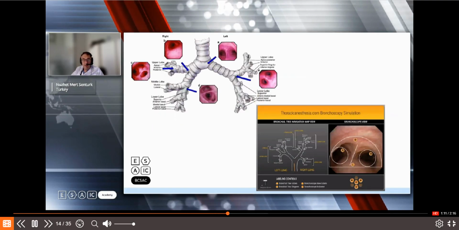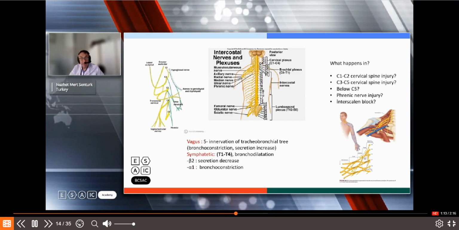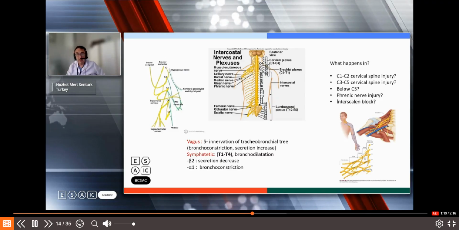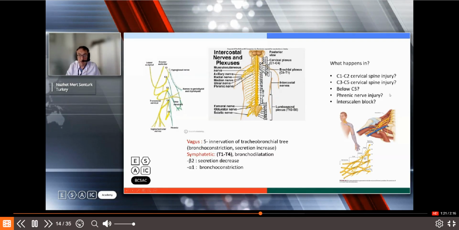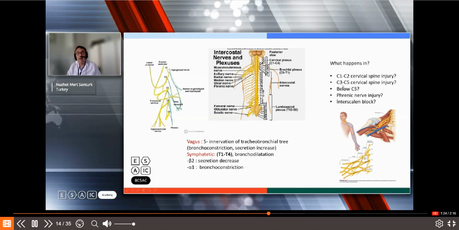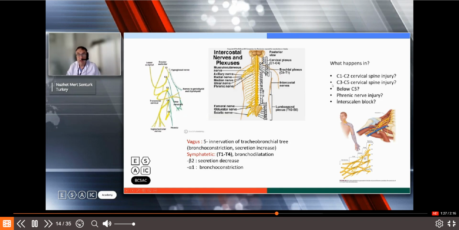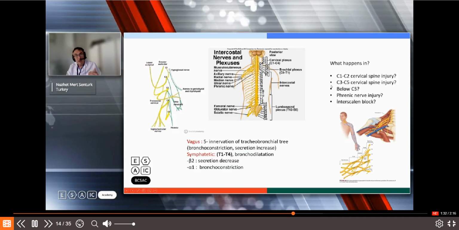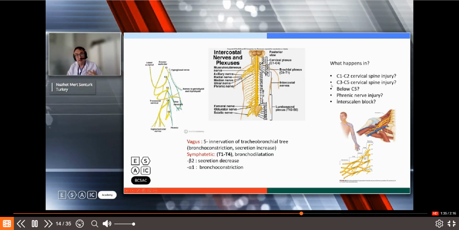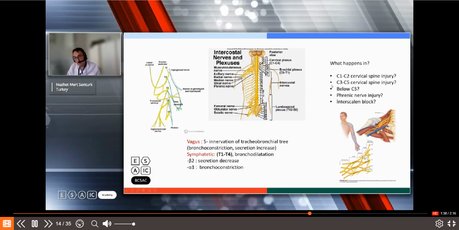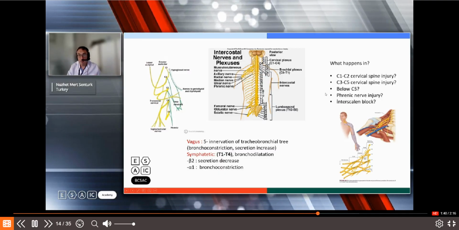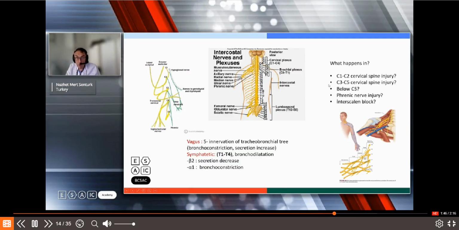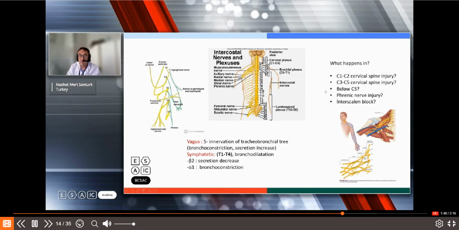If it is below C5, then we can use only the intercostal muscles, and similarly if we have a phrenic nerve injury, we use only the intercostal muscles. This will lead to a paradoxical respiratory movement in which the thorax comes up, but the abdomen goes down, as we don't use the diaphragm in these cases.